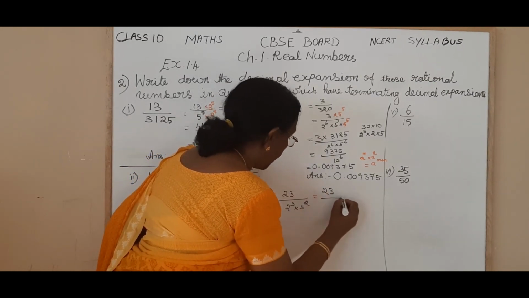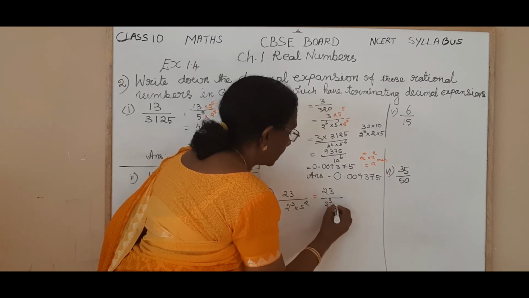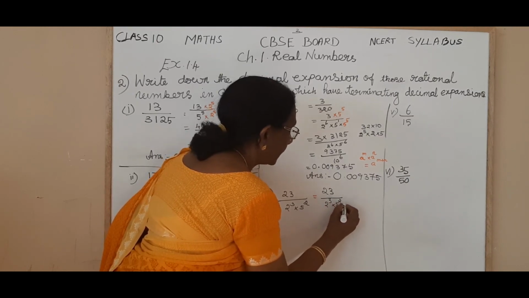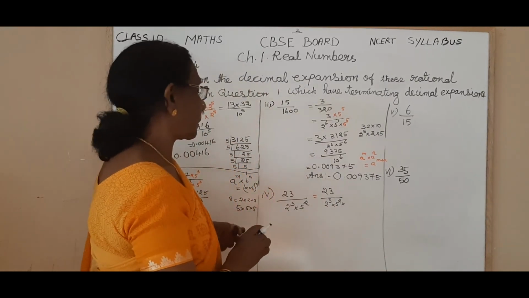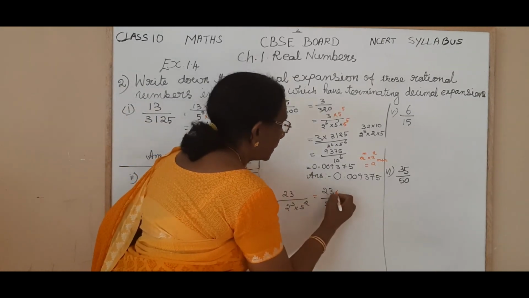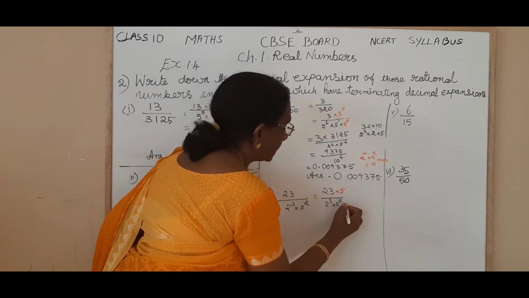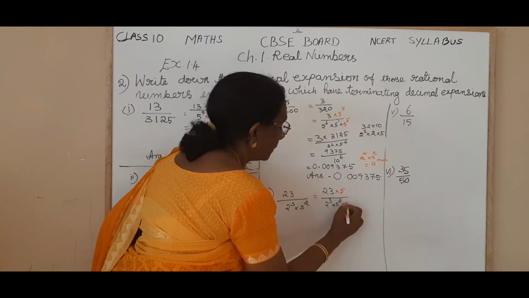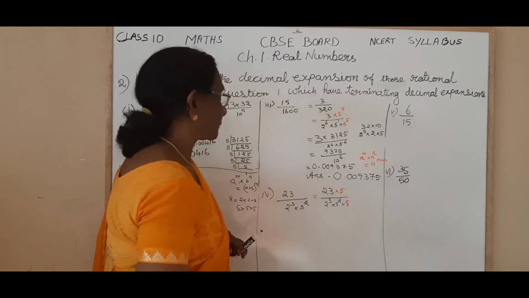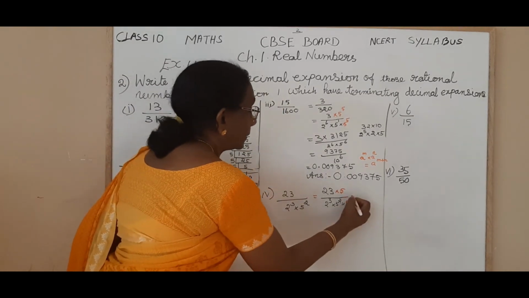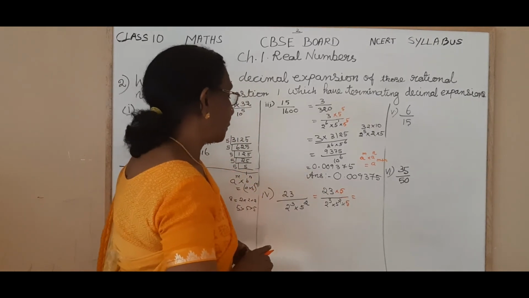So now you write this as 23 by 2 cube into 5 square into 5 by 5. So the power will become what? Cube.